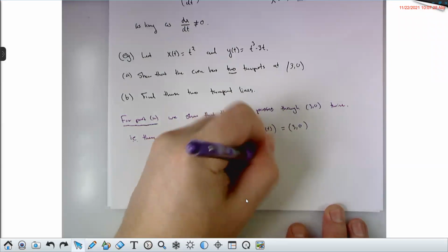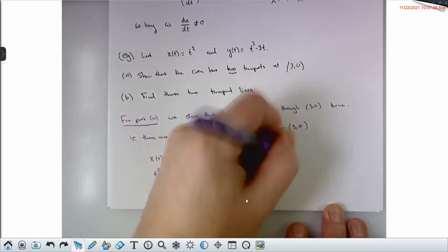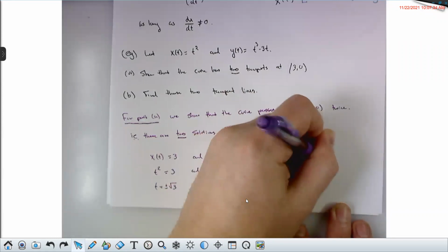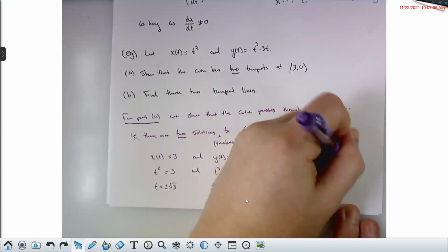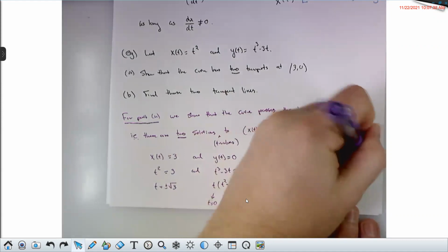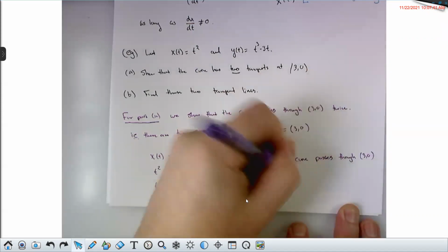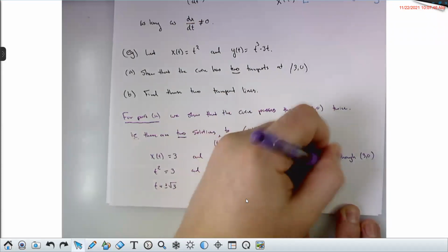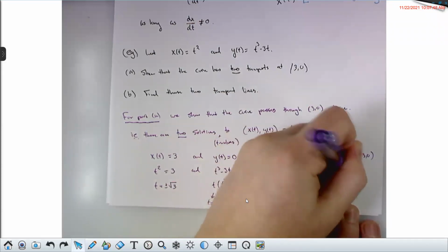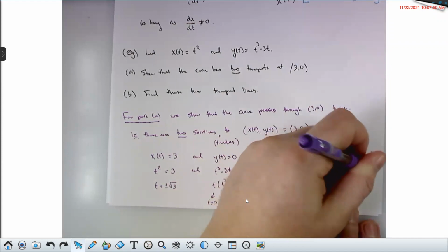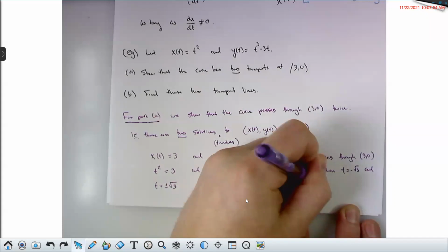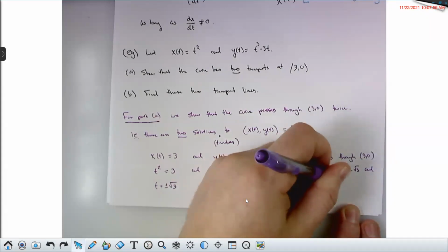So all of this work collectively shows the curve passes through (3, 0) twice: once when t is equal to the negative square root of 3, and again when t is equal to the positive square root of 3.